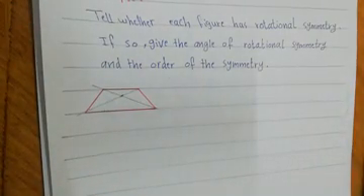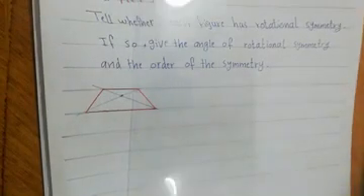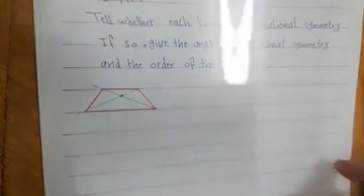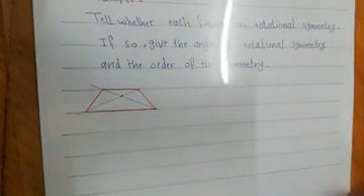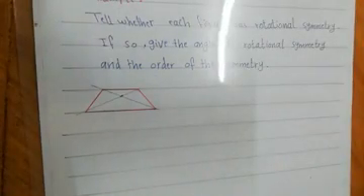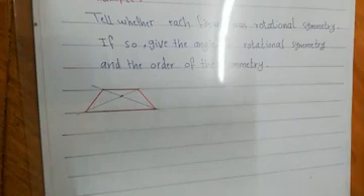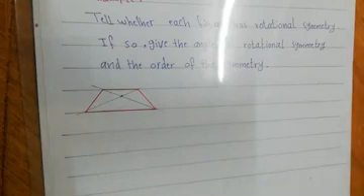Now I will use this patty paper, or transparent paper, to check if there is a rotational symmetry or not.